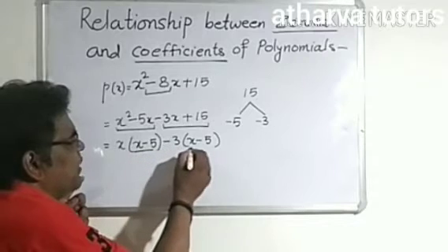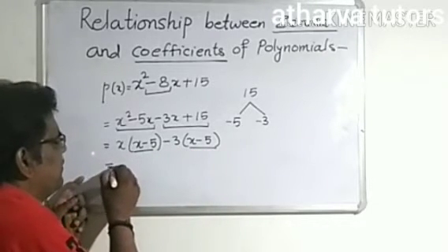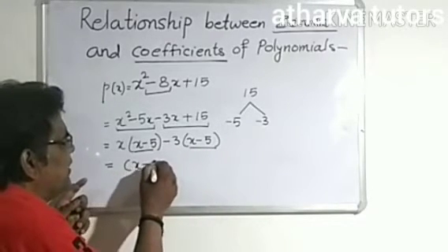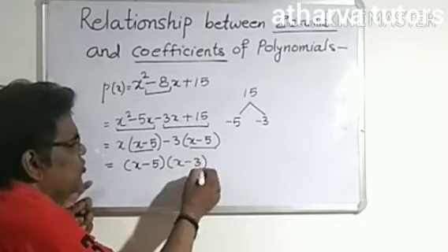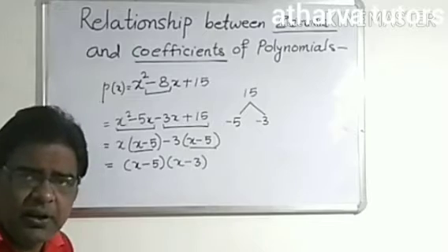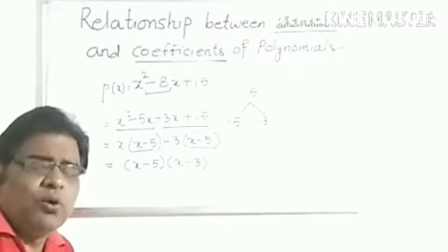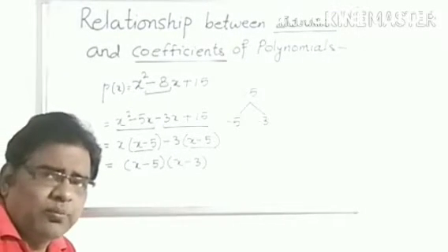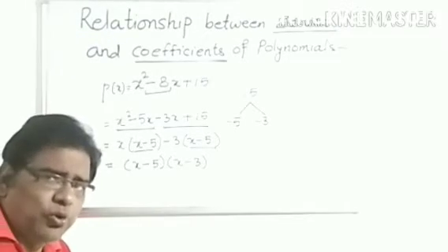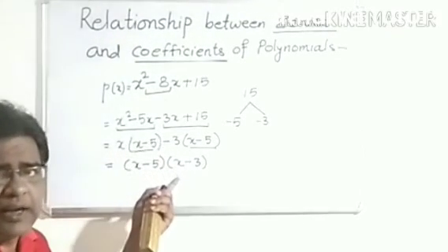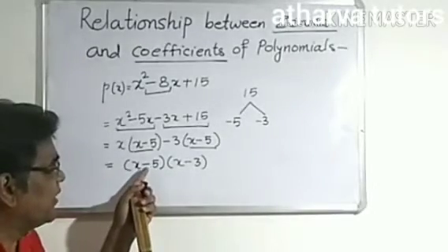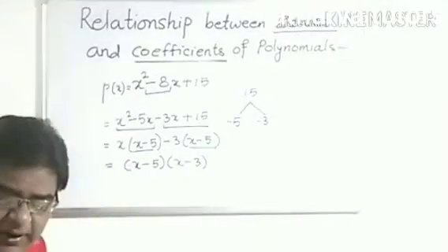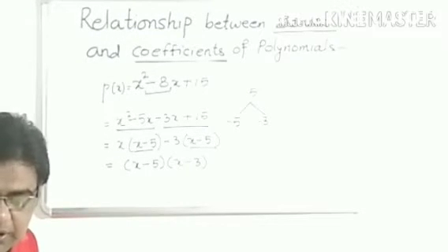Now here you have x minus 5, and here you have x minus 5, so we write this as x minus 5, x minus 3. You have done this in earlier classes, how to split the middle term and factorize a polynomial. So the same procedure I have applied here, and when I factorize this, I am getting x minus 5, x minus 3.